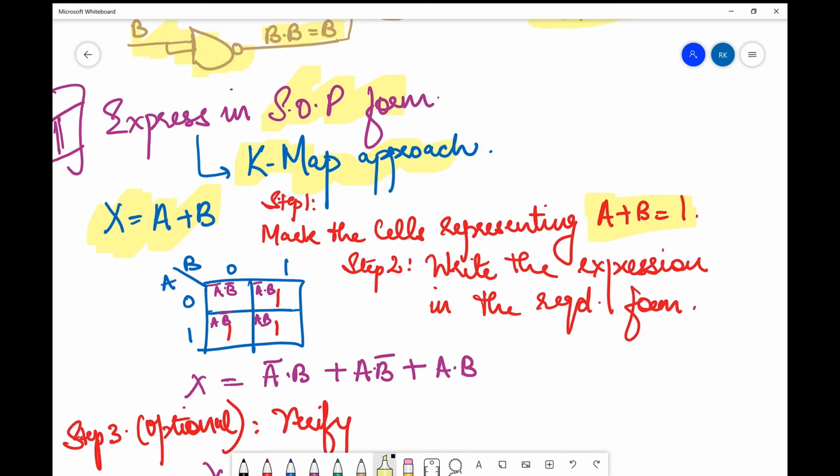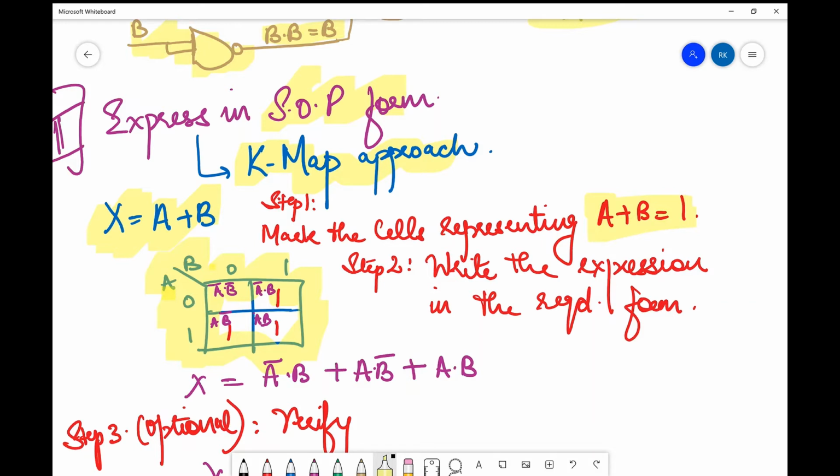Before that, you need to draw the K-map. So this is the K-map. You have 4 cells because we have 2 inputs. There are 4 possible combinations, because A can be either 0 or 1 and B can also be either 0 or 1. Now you need to mark the cells where A plus B equals 1, that is, where A plus B is true.